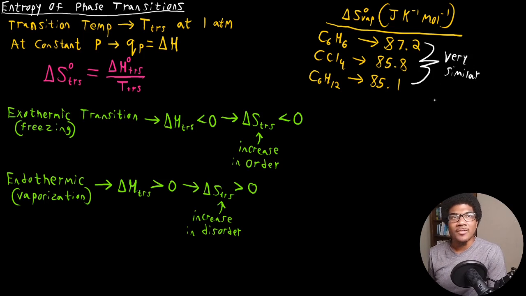And I could list off a bunch of different liquids that, when vaporized, give a delta S of vaporization of about 85 joules per Kelvin per mole. So this general observation is called Trouton's rule.